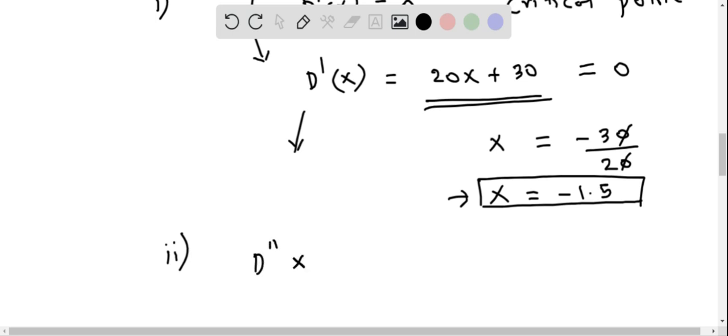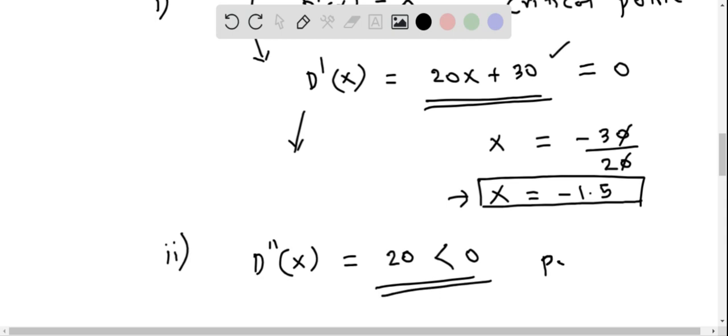That is, I get d double prime of x on the left side, equal to the derivative of 20x plus 30. When I do that, I get just 20, because differentiation of x is 1 and the differentiation of 30, a constant, is 0. So this becomes just 20. So this is greater than 0, which means when the second derivative is positive, we know from calculus it is a point of minimum.